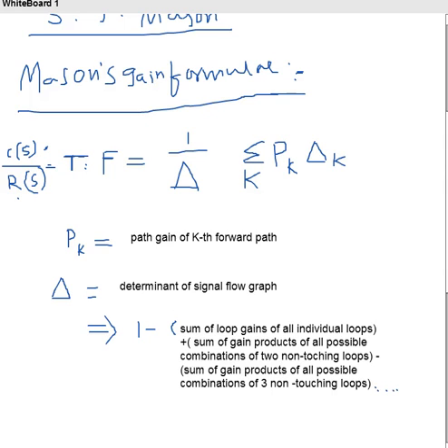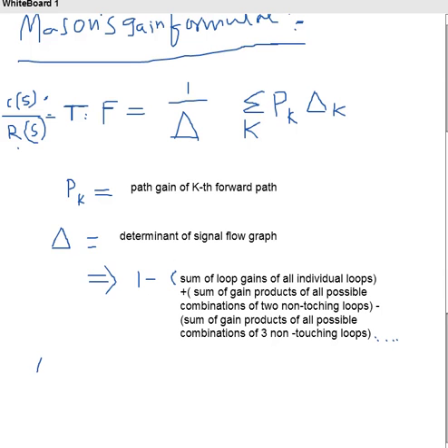So what is an individual loop, a non-touching loop? I will explain the definitions. This is the determinant, how to calculate the determinant. Next, delta k. In the problems we will see how to calculate it. Delta k is nothing but the value of delta.